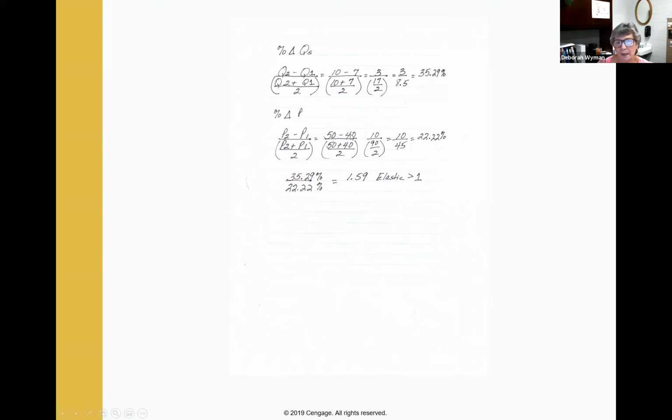So we have 50 minus 40 is 10. 50 plus 40 is 90 divided by 2 is 45. 10 divided by 45 is 22.22%. We divide 35.29 by 22.22 and equal 1.59. This is an elastic supply because it's greater than 1.